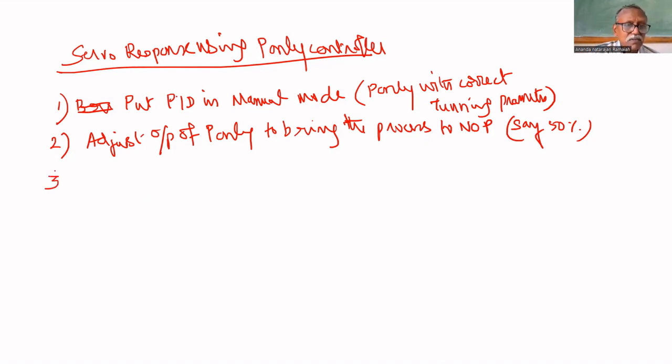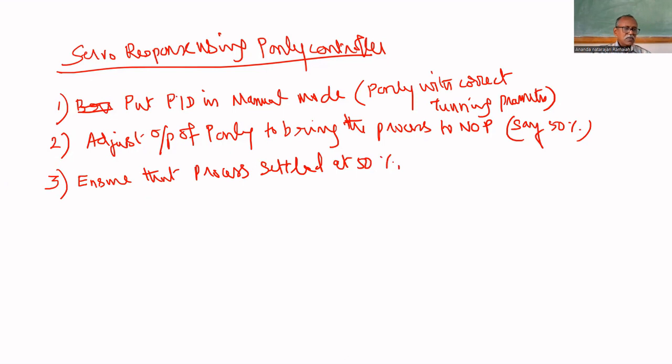The third step: once it is ensured that the process is settled, the pressure is settled at 50%, then make set point equal to PV.